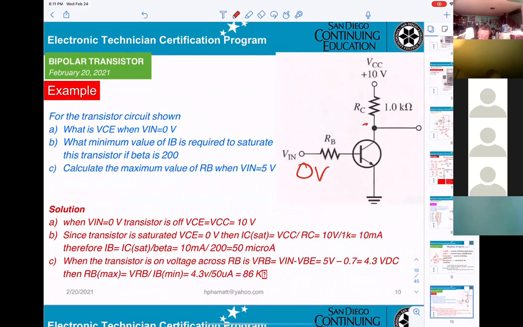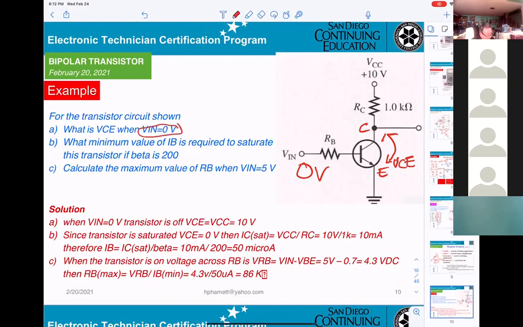That will be C right here, that will be E right here, and the voltage from C to E they call VCE. Try to read and tell me what the voltage from the collector to the emitter equals if the input equals 0. VCC.